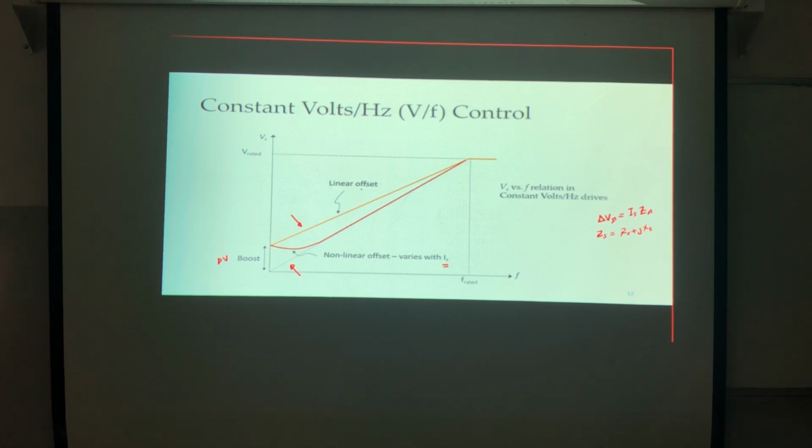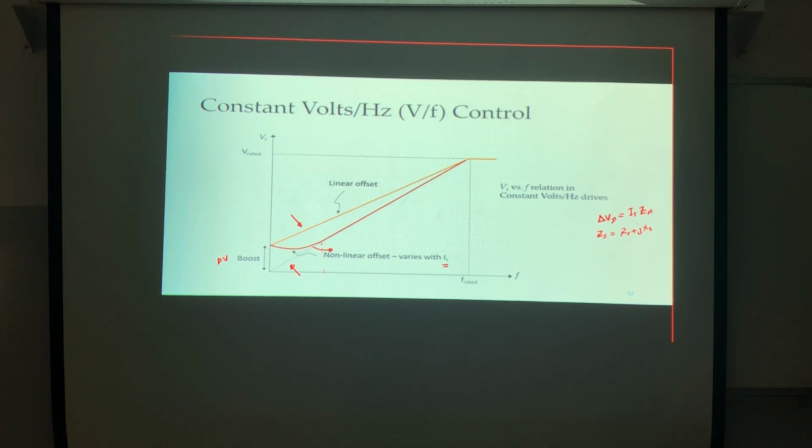I'm boosting the voltage from 0. The nonlinear line, this is the V over F using nonlinear offset. Which one is more accurate? The nonlinear, correct? It will be capturing the constant V over F.